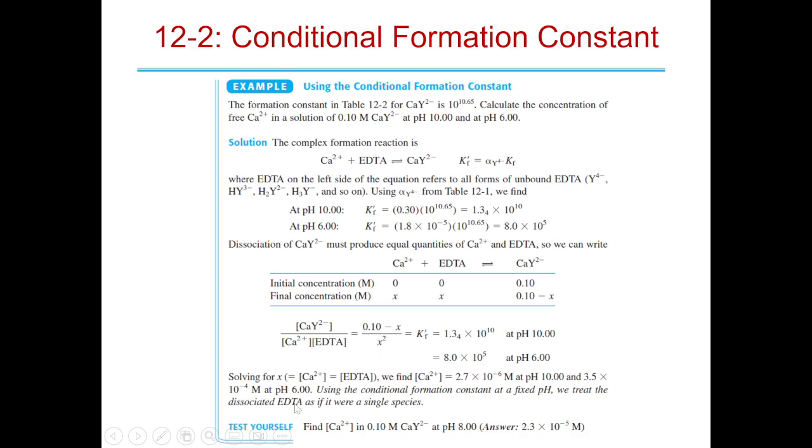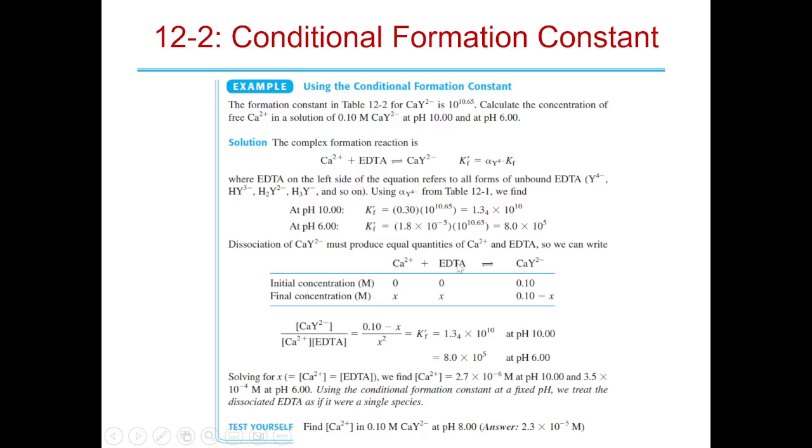Notice again, your math is greatly simplified. Much less work has to be done here because all we're looking for is the free calcium species. We don't care what the EDTA is and what form it is in, do we? So we can assume whatever dissociated EDTA is in, we don't care. It is just free EDTA, right?